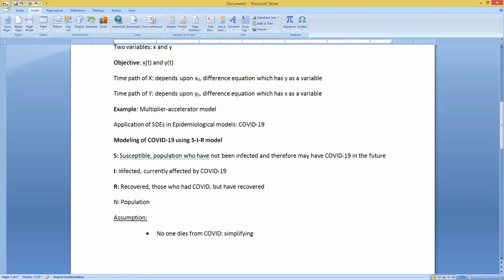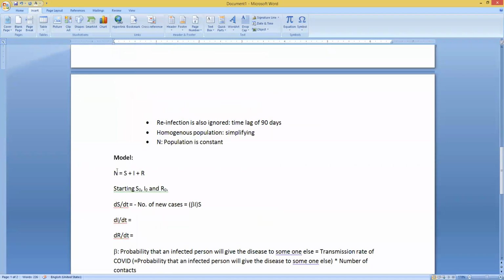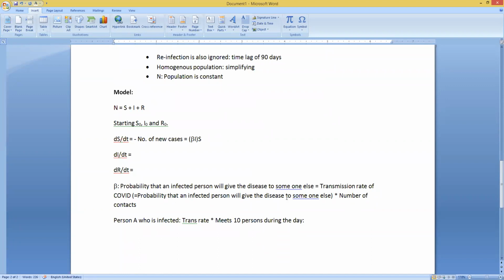See, I is the number of infected persons in the society at any point of time. Not any specific period, but a particular point of time. So if I take I2, it means how many persons are infected in time 2. Right. So we are starting from I0. In that case, it will be how many persons are infected in the starting period.